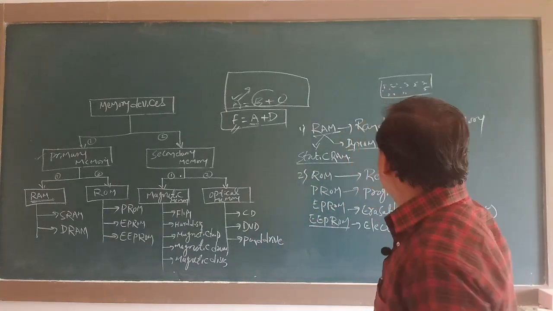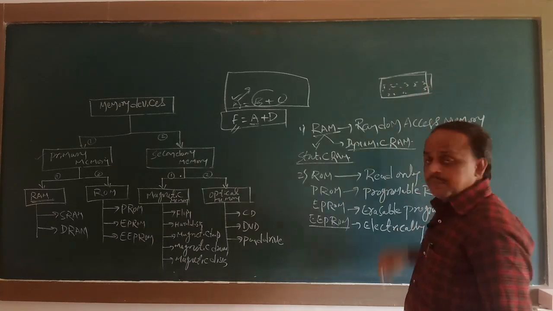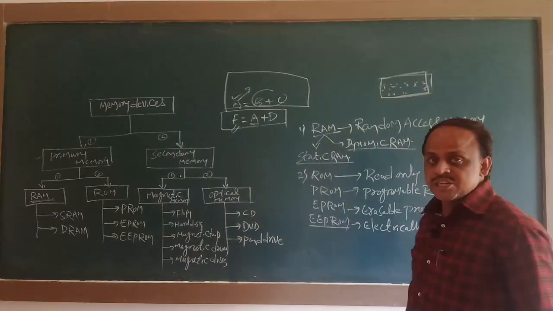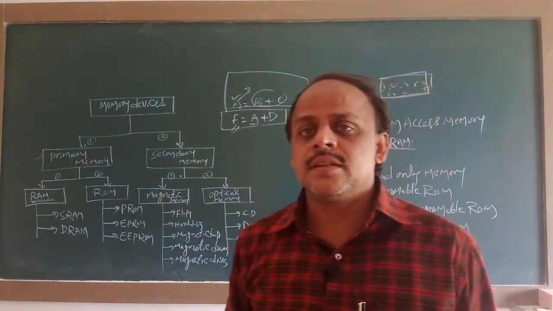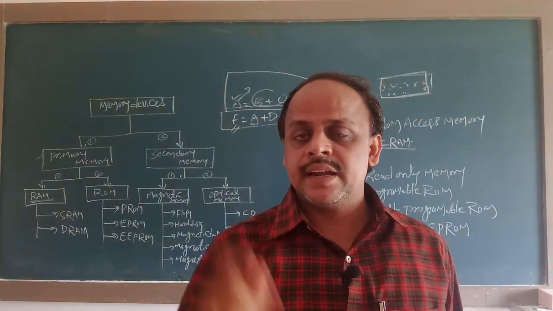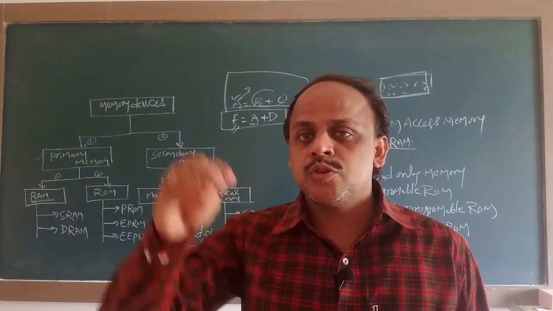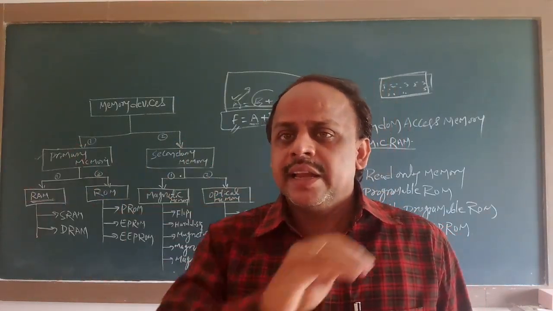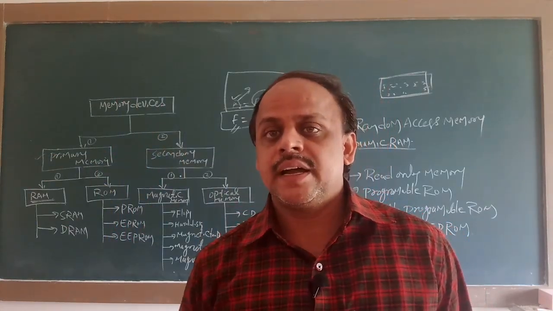Suppose this is a RAM memory, it has some memory locations, and each memory location has an address, like 1 to 10. In 1 something is stored, in 2 something is stored, like that all the memory locations have some data.